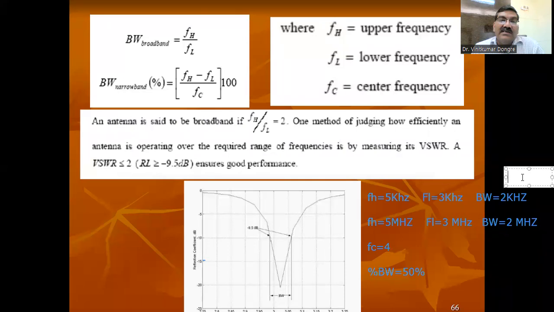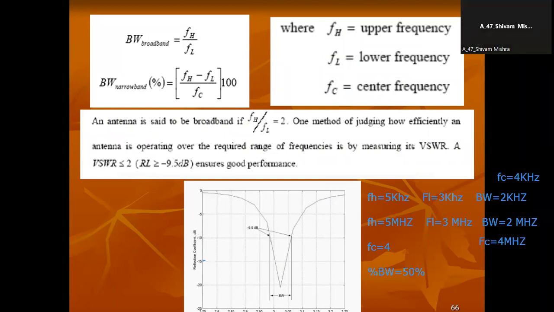FC equals to, sorry, 2 kilohertz. Yes, this is 2 kilohertz for this example. For this example, FC equals to 4 megahertz. Correct? Okay, sir. So it is different.